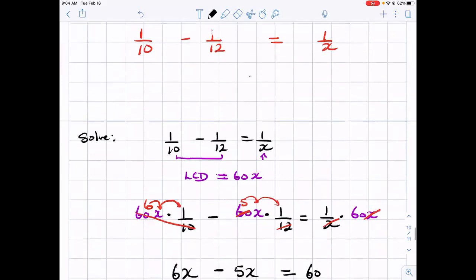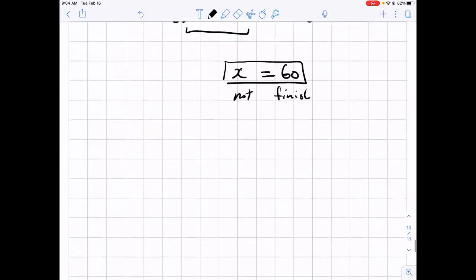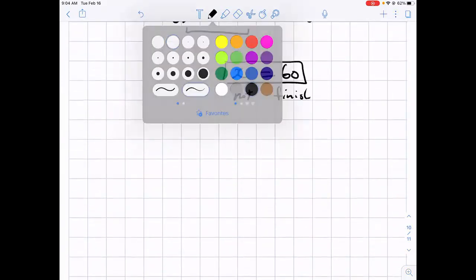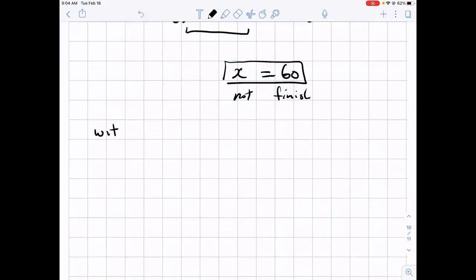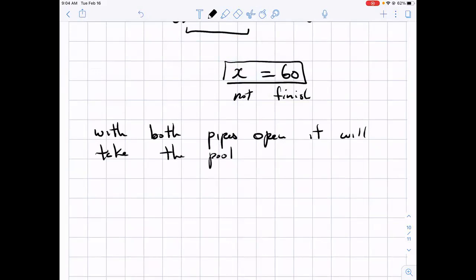X is equal to 60. So it will take the pool with both pipes open 60 hours to fill. And the answer is 60 hours.